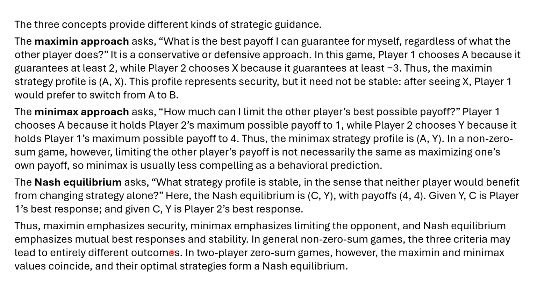We saw that in the example. In two-player zero-sum games, however, the maximin and minimax values coincide, and they also form a Nash equilibrium. There may be other Nash equilibriums in the game, but the maximin and minimax coincide, and they form a Nash equilibrium.